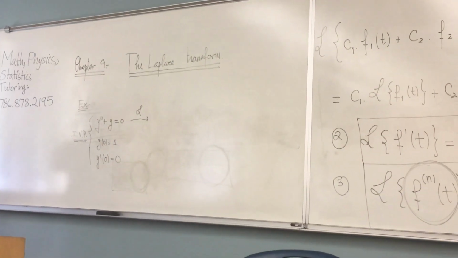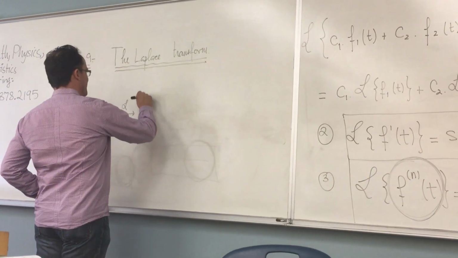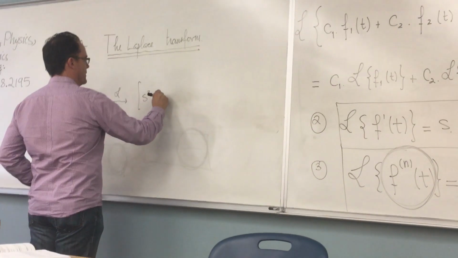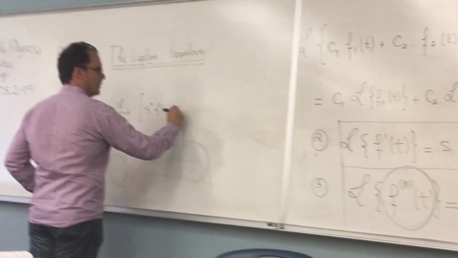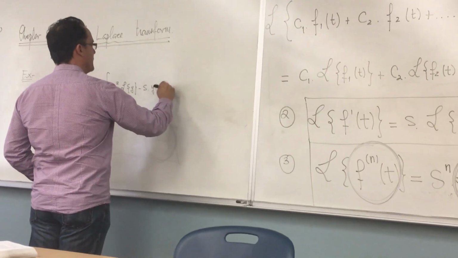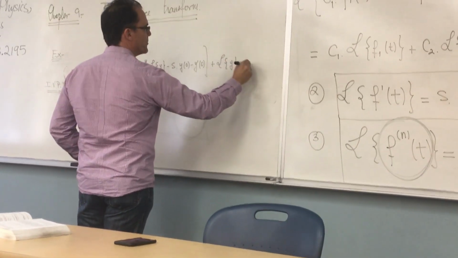Well, if you take the Laplace transform and use property number 3, this is what you get, plus the Laplace transform of y. You know that the Laplace transform of 0 is 0.